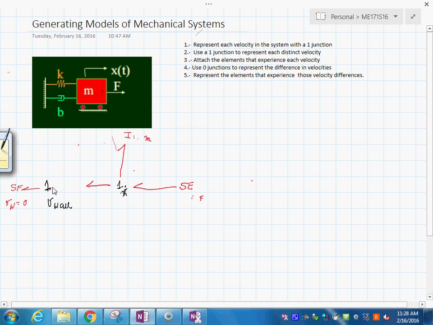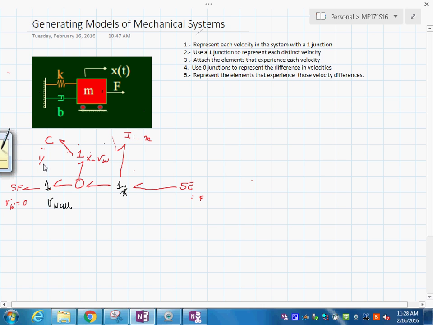That difference is seen by both of these, by the C element, which is 1 over C. The I element is over here, and in here you have another resistive element.